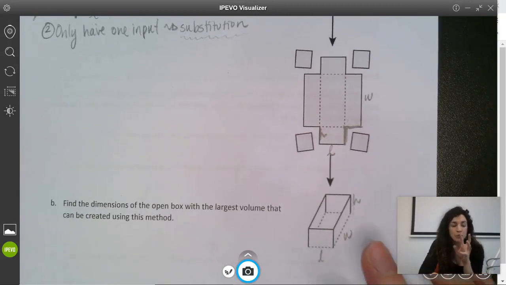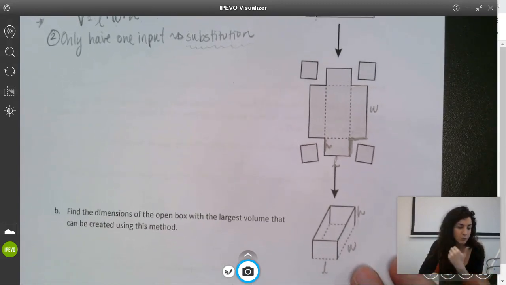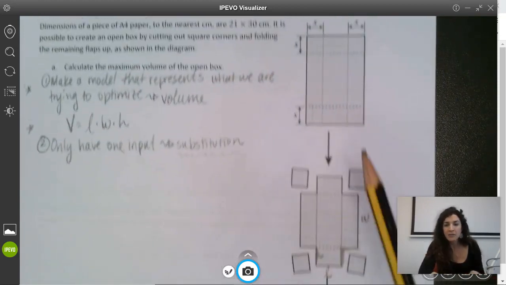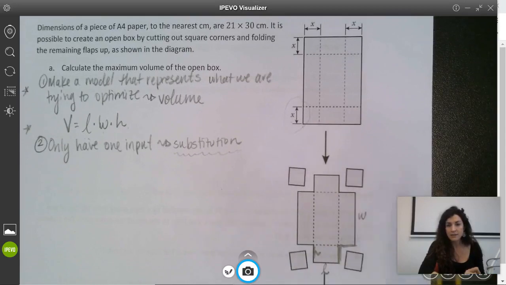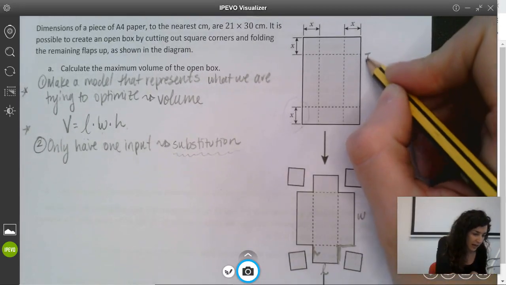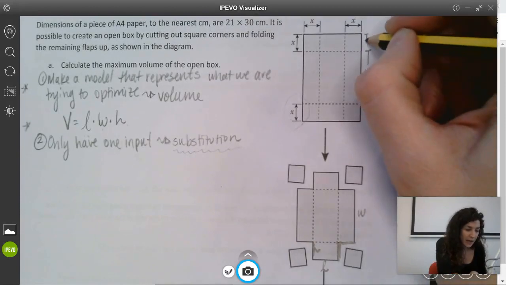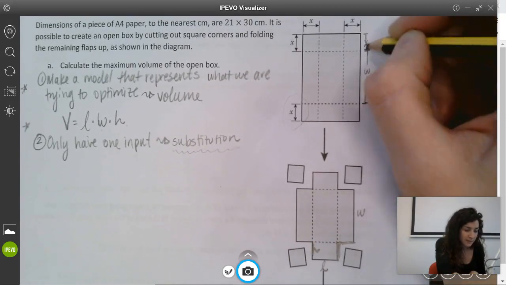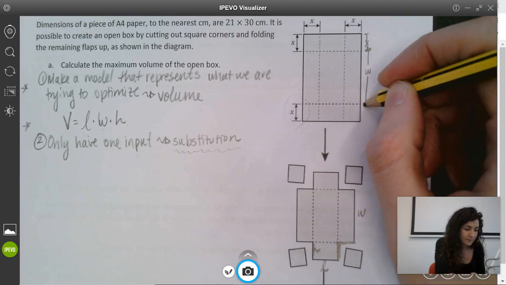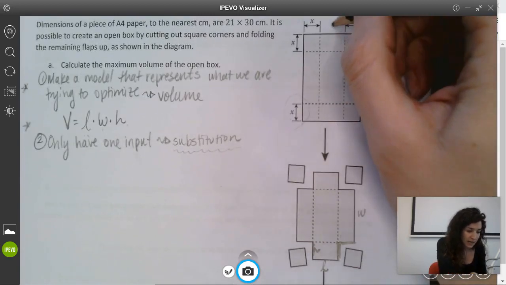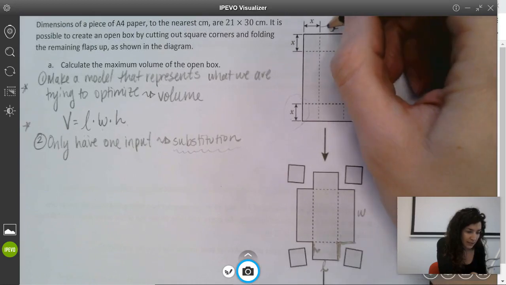So we're trying to figure out from the diagram relationships. We're trying to figure out where length, width, and height are, and how they relate back to x. How does this guy as our width relate to x? And how does this guy as our length relate to x?